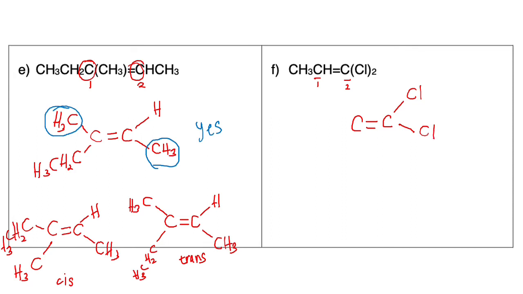And carbon number 1, we have H and also CH2, CH3. So will there be any cis-trans isomerism? The answer is no, because carbon number 2 has same atoms attached to it. So there will be no cis-trans isomerism.